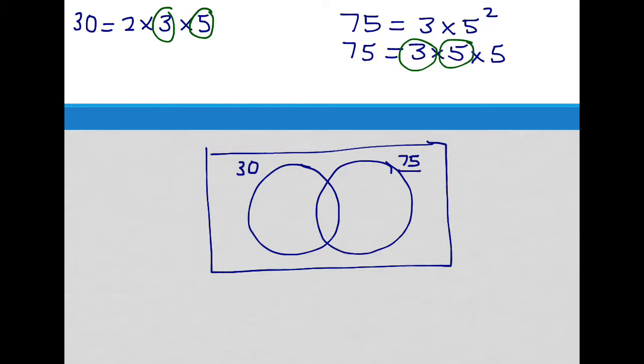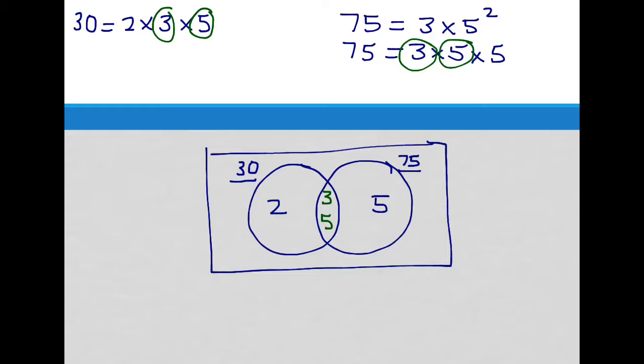I'm going to underline them so I know that they're the titles. And then I'm going to put 3 and 5 in the centre because they're the numbers that are in both. And on the 30, here is my 2, and in the 75, there's my 5.